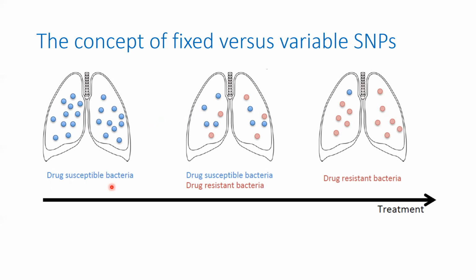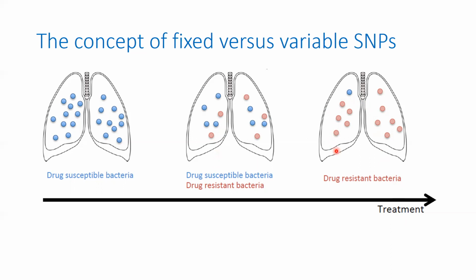Imagine you have a population of drug-susceptible bacteria growing inside a patient. This is what you see here on the left. This patient starts treatment, and there is a small population of drug-resistant bacteria that starts to grow. With time, if this patient continues under antibiotic treatment, the antibiotic-resistant bacteria will start to take over the entire population.